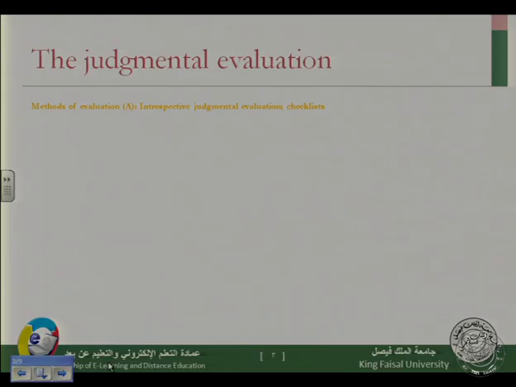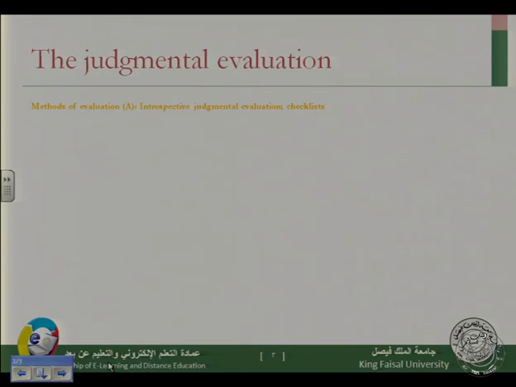And then the empirical evaluation, as I said, you use the software in a real-time situation with the students and learners, and after some time you give your own judgment or evaluation. So this is number one, introspective judgmental evaluation checklists.